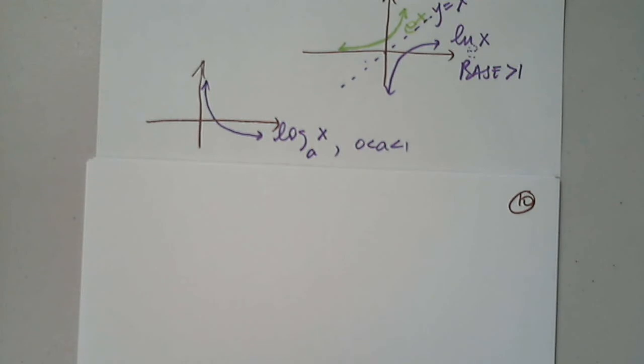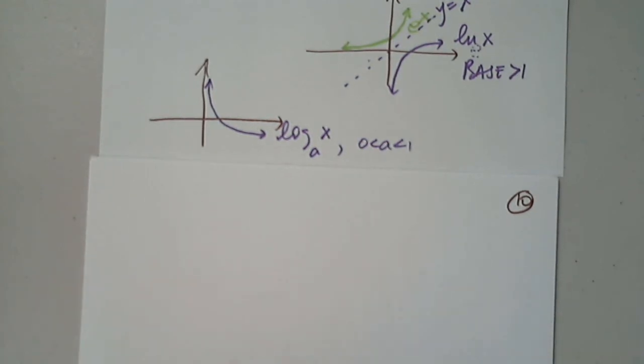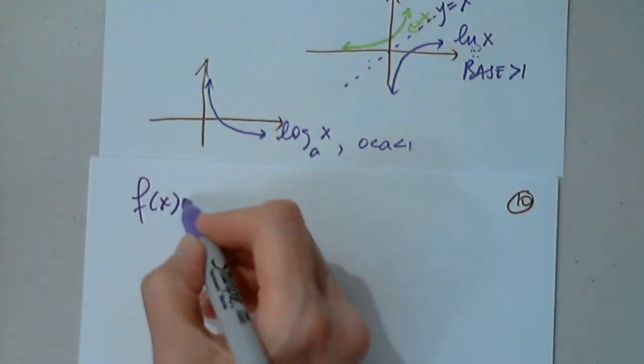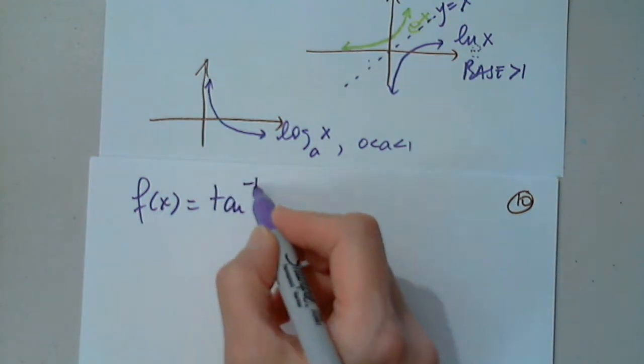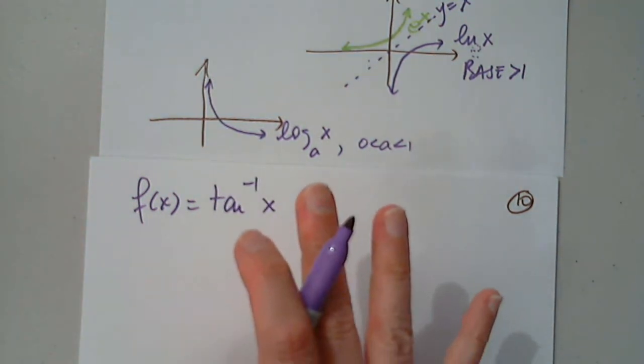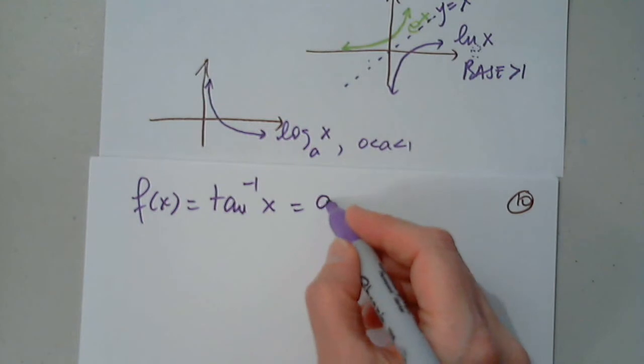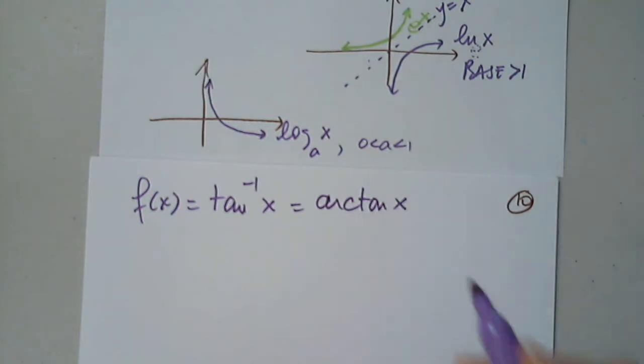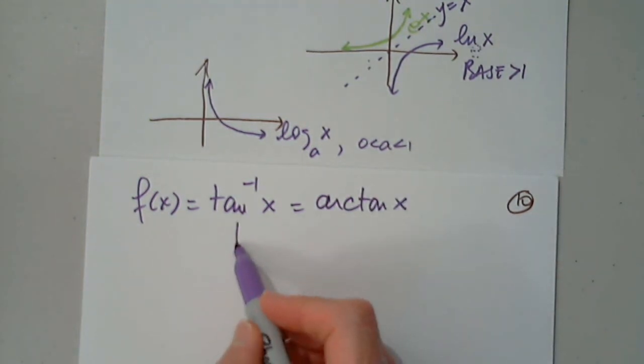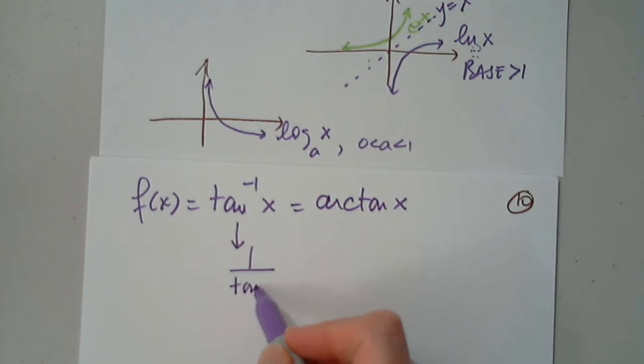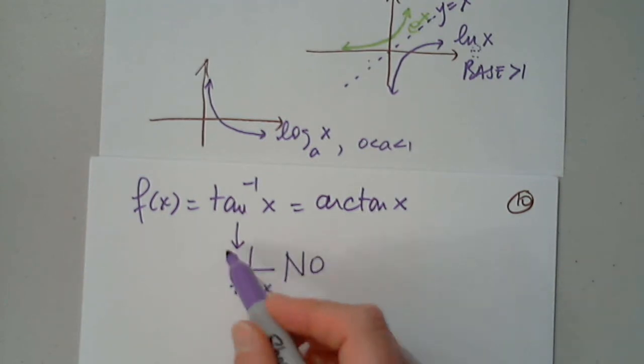But I want to refresh your memory on arctangent. So f of x, I don't really like to write it like this. It's legitimate, it's correct. I prefer arctangent x, because a lot of students think that this is 1 over tangent. No, it is not.